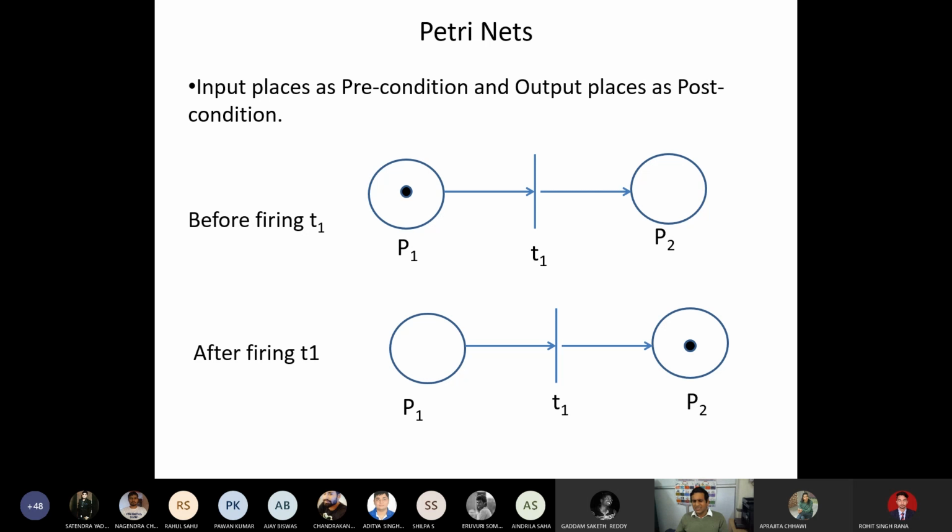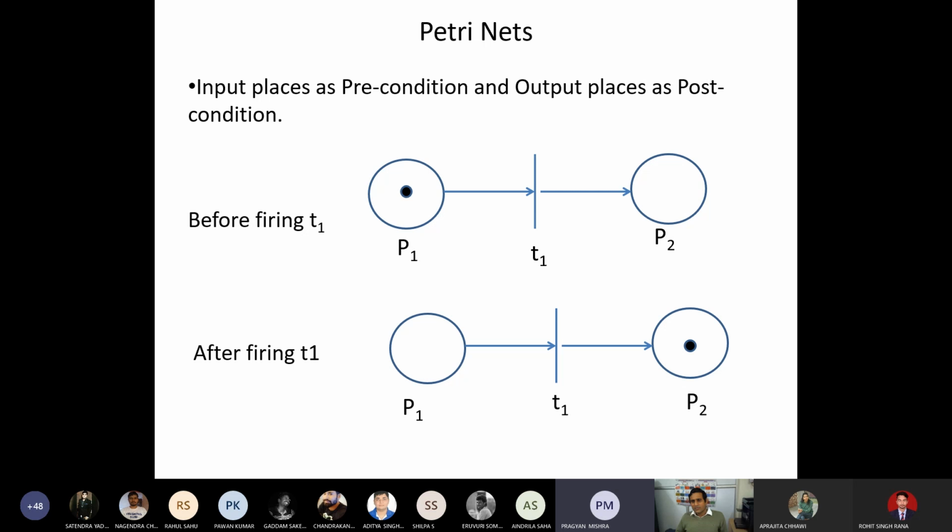Sir, if an input place has two tokens, the tokens will be moved to the output one by one, right? Right, one by one. So for example, the first token moved from input through the transition, then it went to the output.